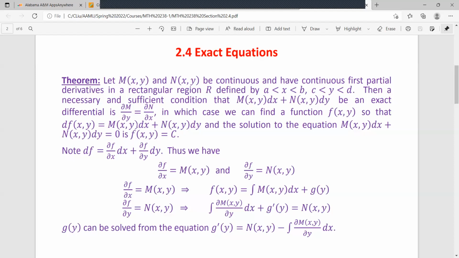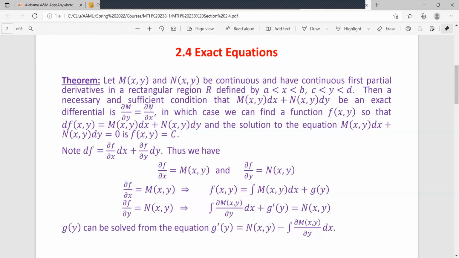So if the differential equation M dx plus N dy equal to 0 can be read as an exact differential on the left-hand side, df, then the solution to the differential equation will be f of x, y equal to an arbitrary constant c. Okay. So then that tells us how to determine whether a differential equation is exact or not.